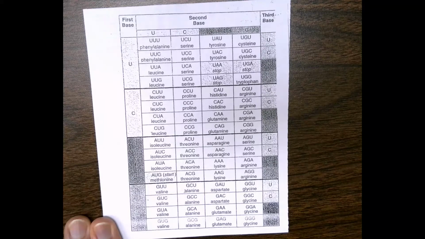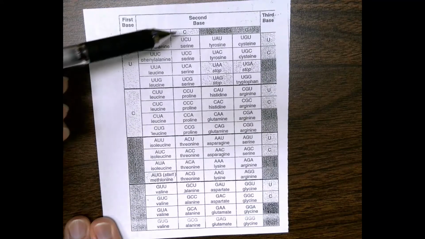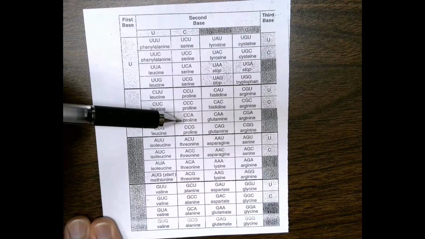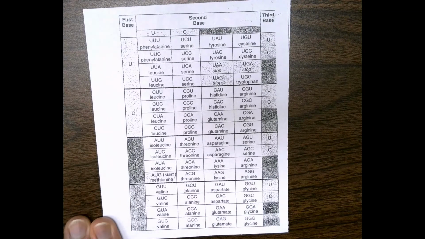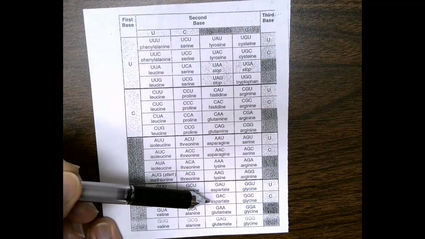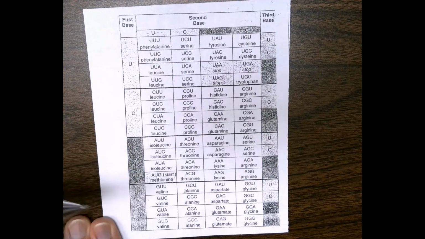Let's do, how about CCA? Okay, CCA gives you proline. Okay, let's do GAC. GAC, aspartate. Okay, you'll notice that the majority of these end in INE.